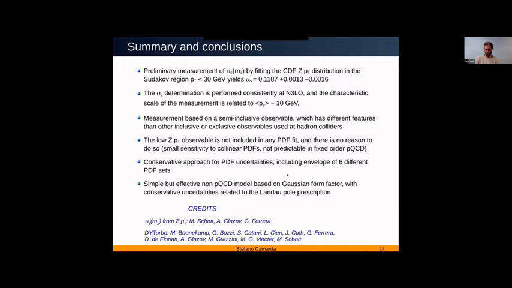This is simple but very effective, because the agreement with the data with the simple model is already extremely good. In order to assess uncertainty, in addition to having the parameter free, that of course is an inflation of the uncertainty of the fit, I treated differently the Landau pole prescription, which should be relatively conservative with respect to a simple choice of a non-perturbative model.